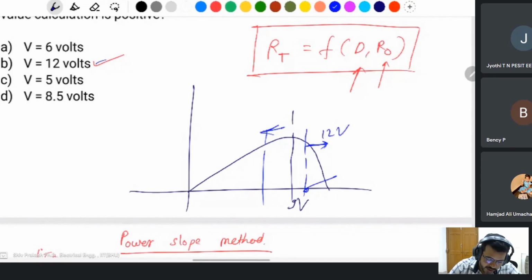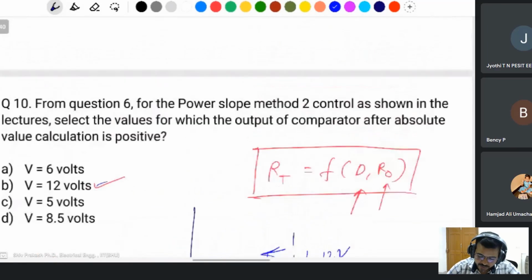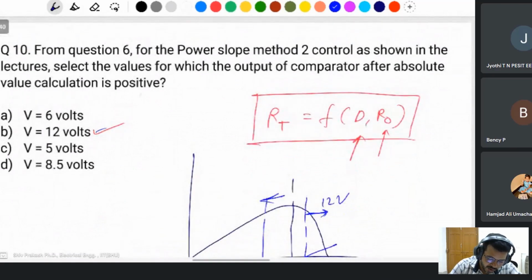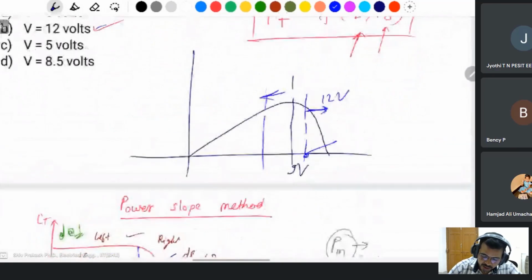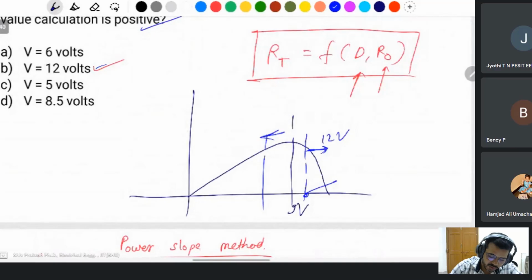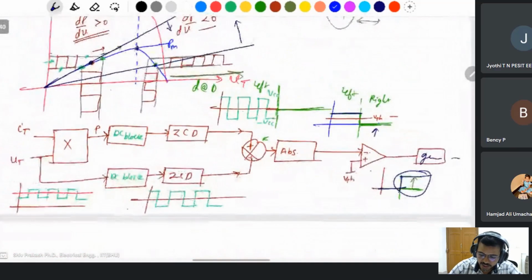The left hand side will have all of those things, but for the left hand side the comparator requires a negative value. Yes, if you calculate the positive value, then you should take the right hand side voltage like 12 volt here.